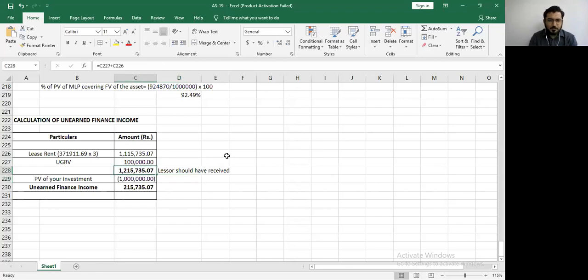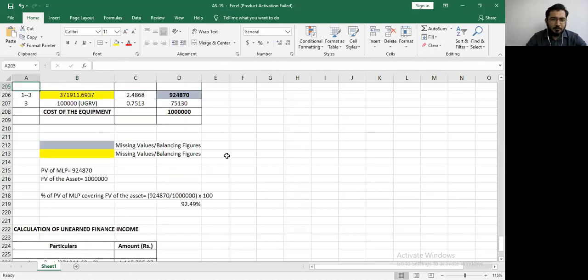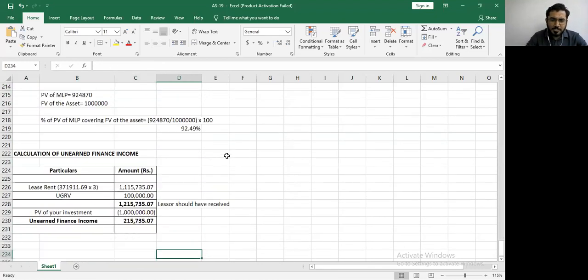Let's come to the next part. यही 12,15,735 इंफॉर्मेशन मैंने यहाँ पे ली थी, बट प्रॉब्लम इज बिकॉज ऑफ टाइम वैल्यू ऑफ मनी द वैल्यू रिड्यूस्ड, विच मीन्स मुझे मिलना चाहिए था 12,15,735, बट आई एक्चुअली रिसीव्ड हाउ मच? 10 lakhs only.